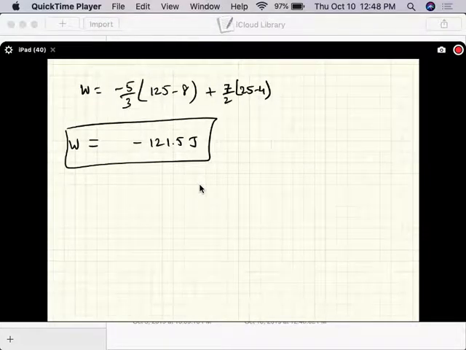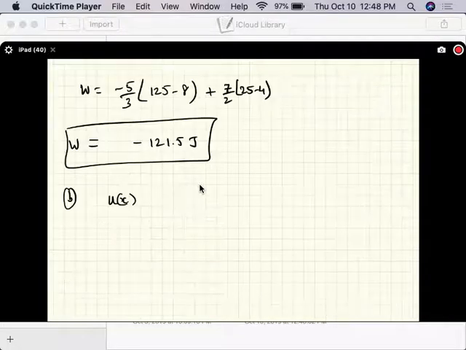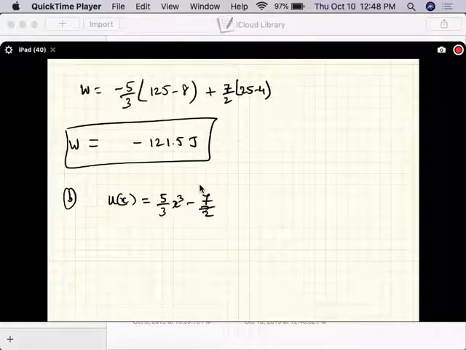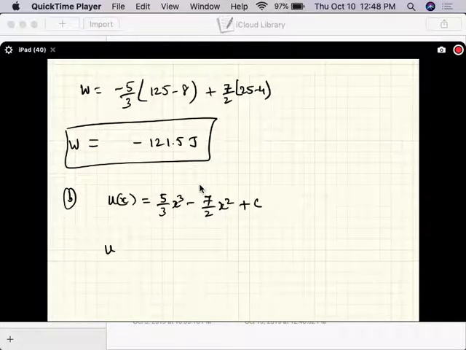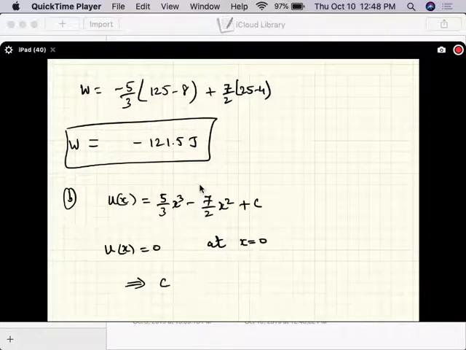So now for part B, here is Ux: 5/3 x cubed minus 7/2 x squared plus C. So if you want Ux to be 0 at x equal to 0, that just implies C equal to 0.